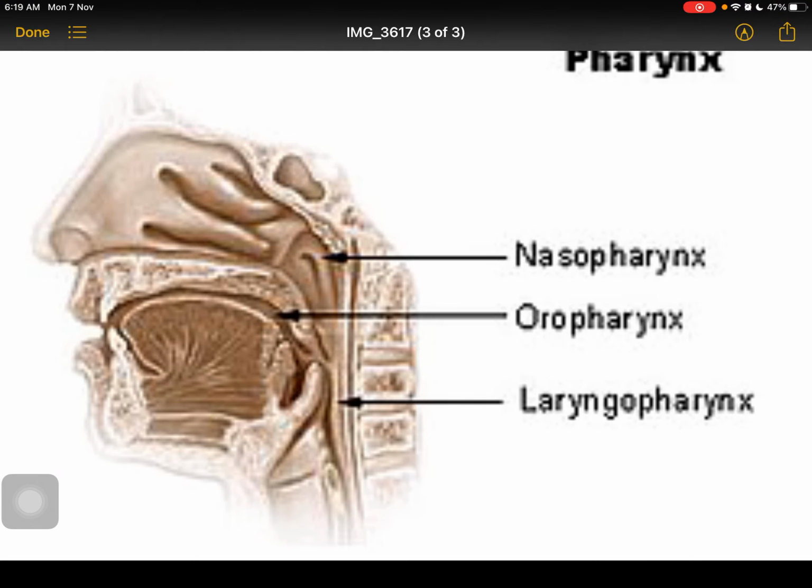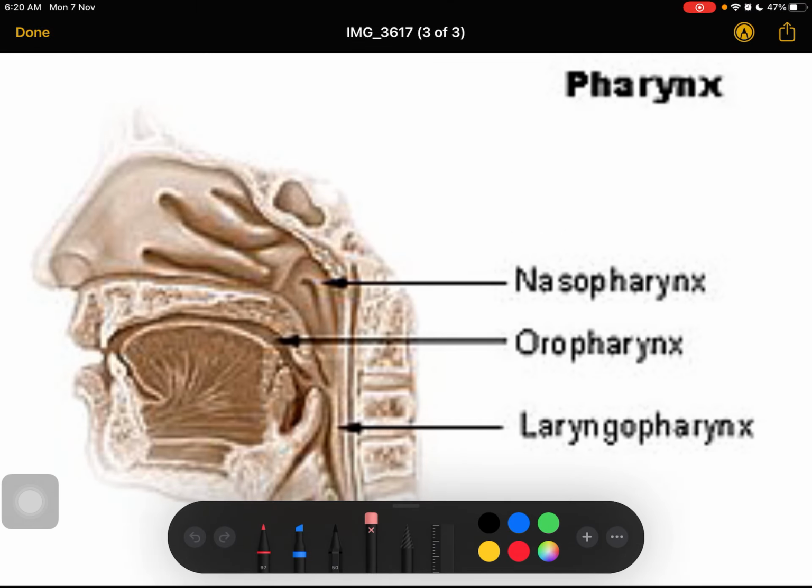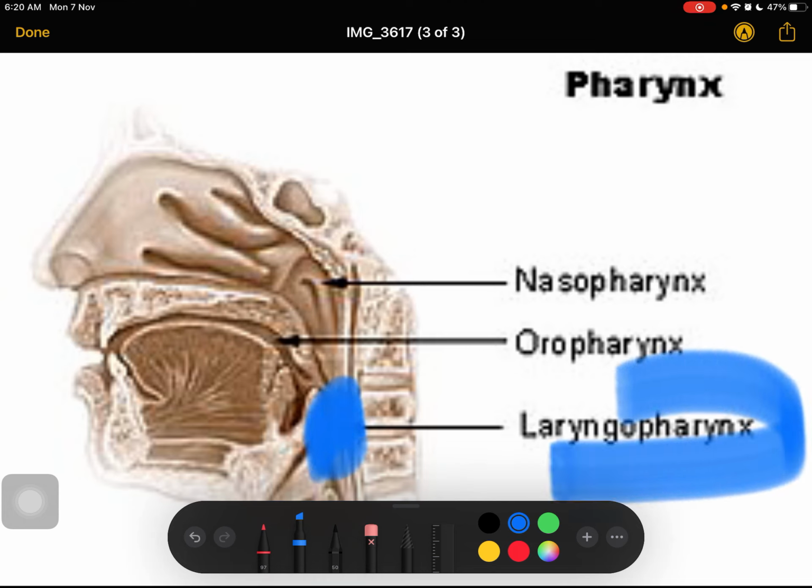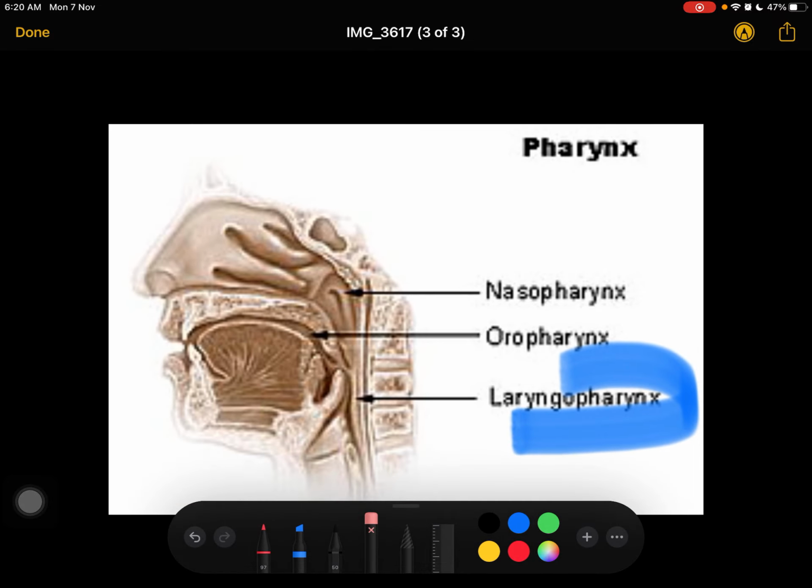Okay, this is clear to you in this diagram. This is the laryngopharynx. You can see the space behind here, from where the air from the nasal cavity and the food from the oral cavity are coming. So here the mixing is done.